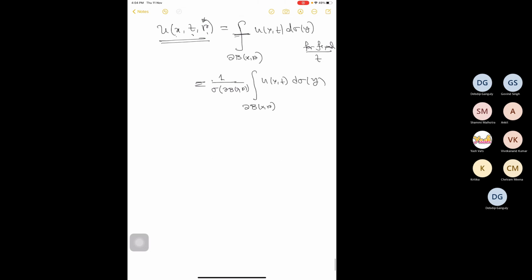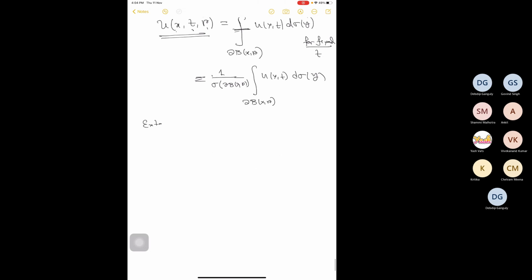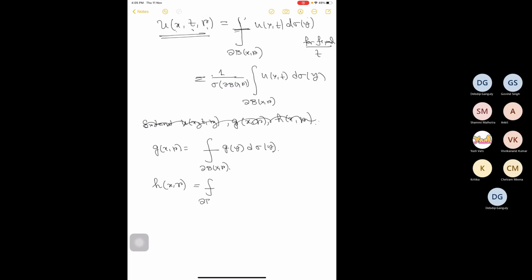For that we have to extend U(x,t,r), G(x,r) and H(x,r). Sorry, I forgot to define G and H. G(x,r) is nothing but the same thing: the average over the boundary of B(x,r) of g(y) d sigma(y), and H(x,r) is the average over the boundary of B(x,r) of h(y).